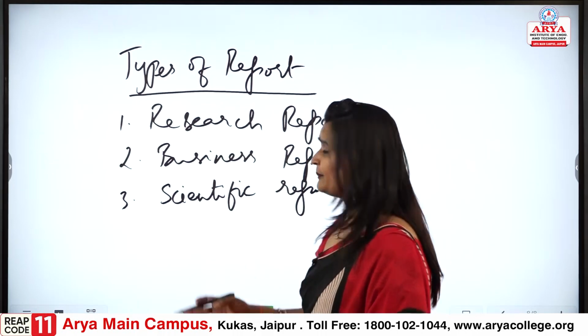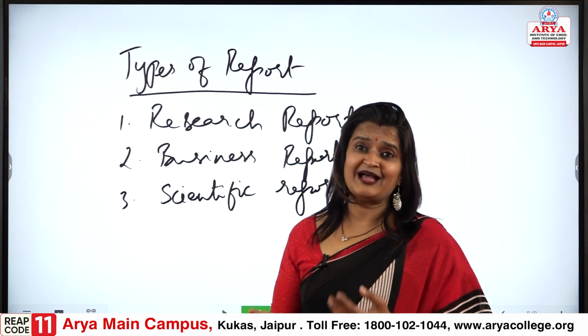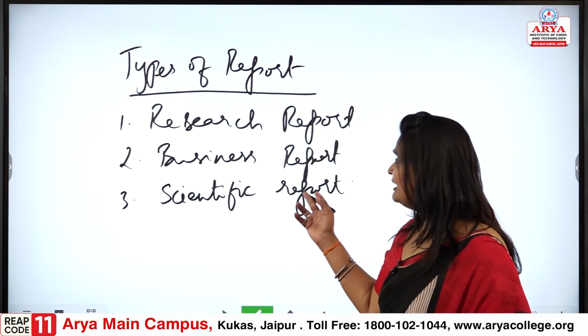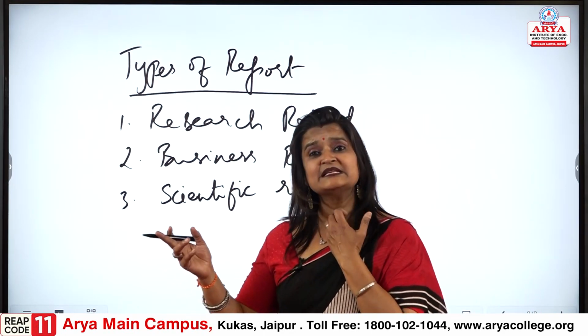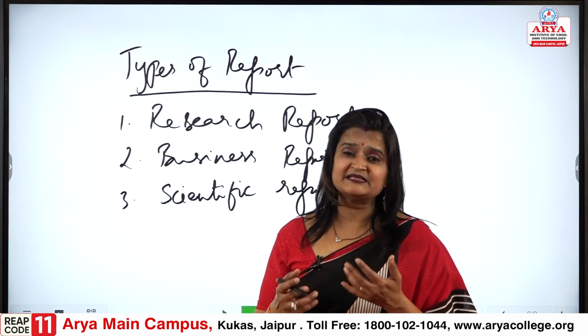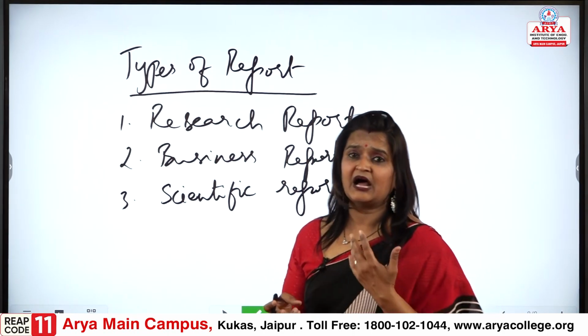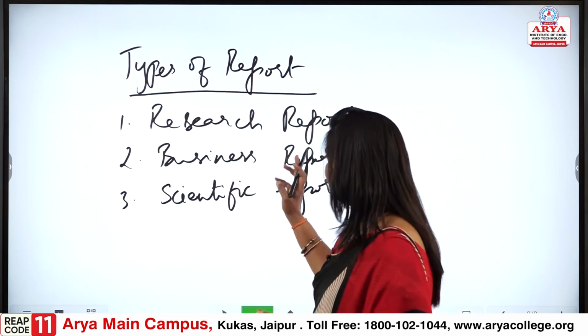So the scientific report has the facts that have been observed, the facts and observations and other things, facts and figures would be in the scientific report. Business, again, the business analytics, the ups and downs, and what exactly are the challenges of the business you would get in the business report.